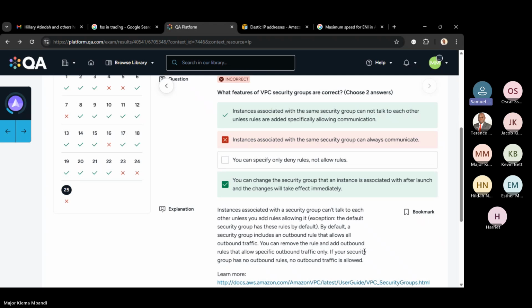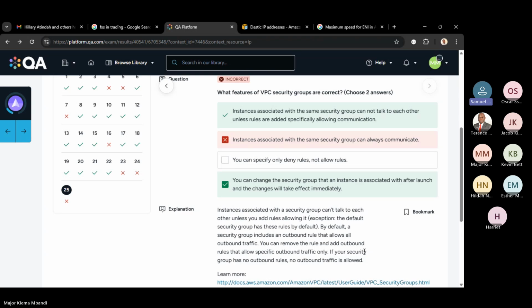Okay. The last one. What features of VPC security group are correct? Instances associated with the same security group cannot talk to each other unless rules are added specifically allowing communication.